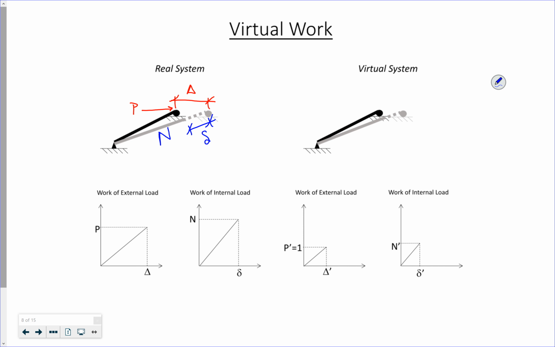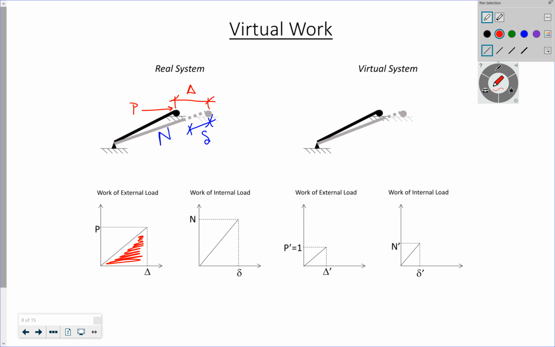And the external work associated with my applying that P is this, right? My internal work is this triangle, this area.